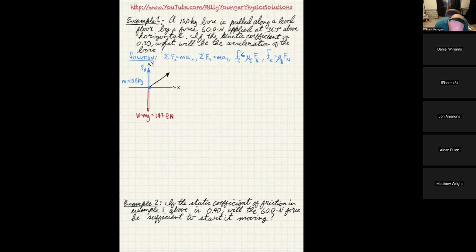So this right here is 36.9 degrees, and this right here is 60.0 newtons. What we can see now is that the x component is to the right, so it's a positive, and the y component is up, so that's a positive as well.